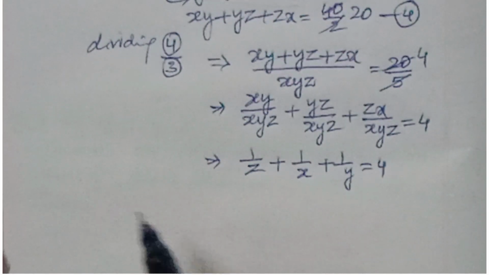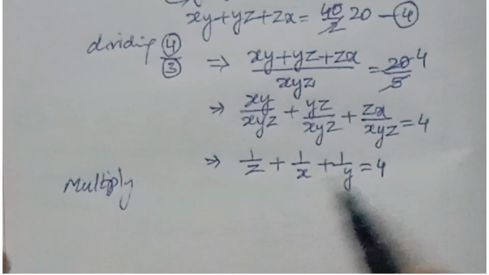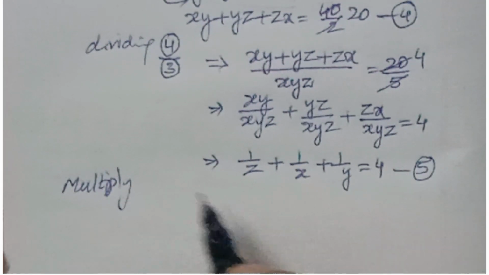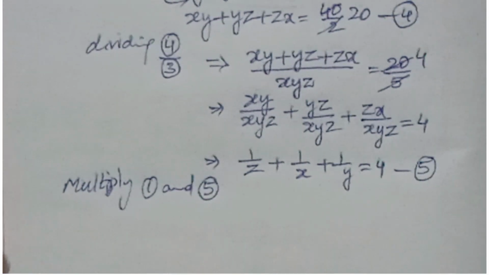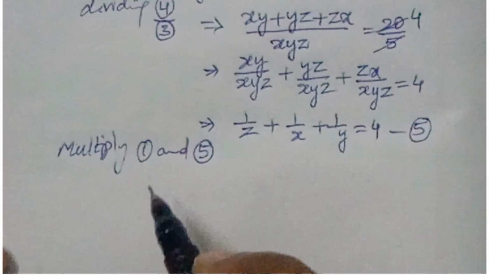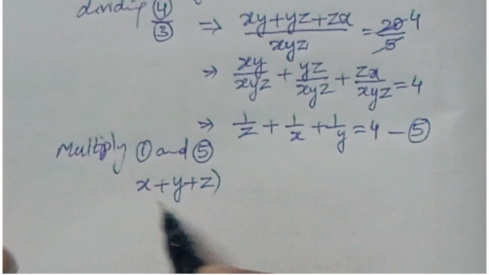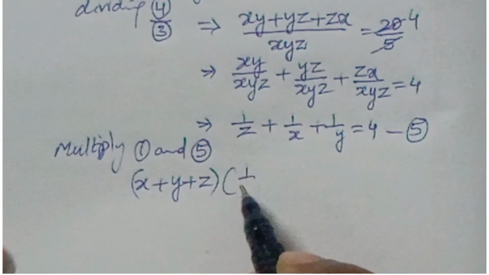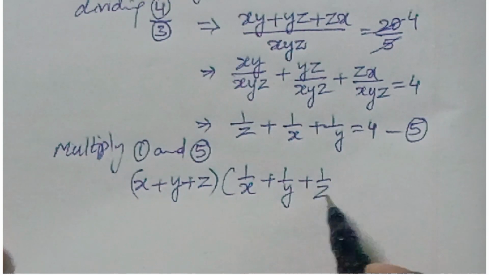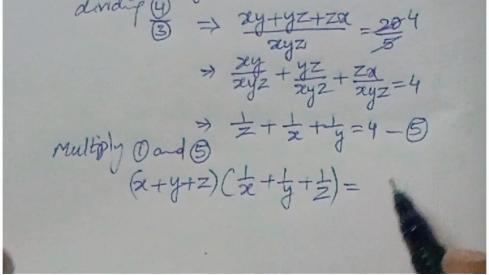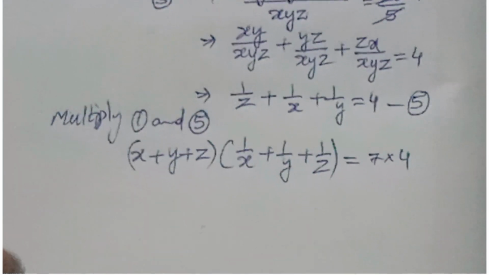Now let it be 5. Multiply 1 and 5. What is 1 here? x plus y plus z. And 5 is 1 by x plus 1 by y plus 1 by z. So here 7 into 4, multiplying the RHS values.